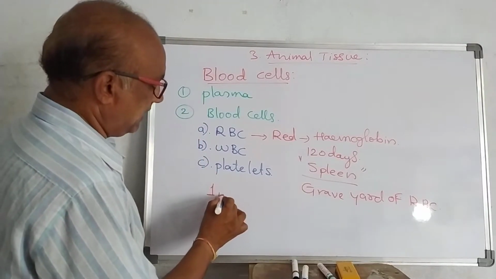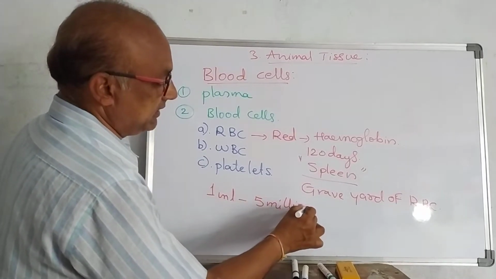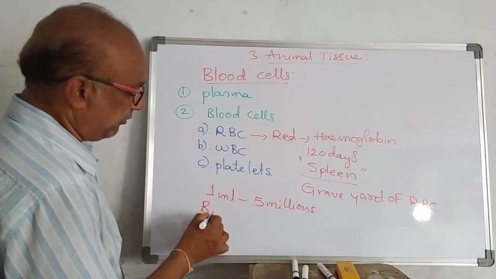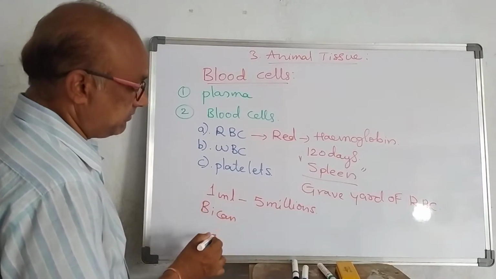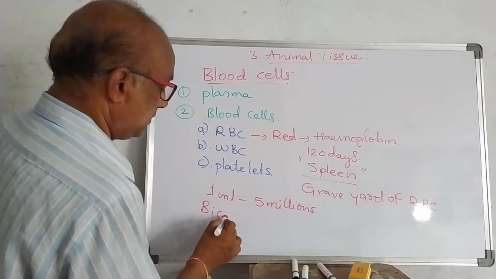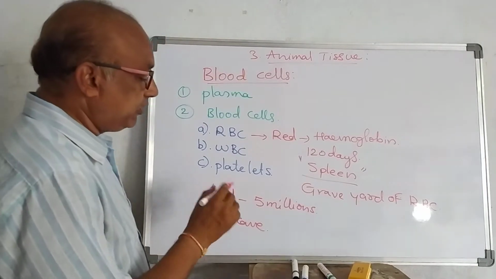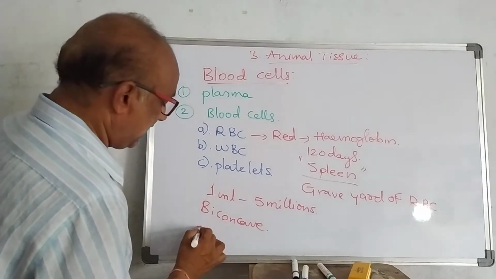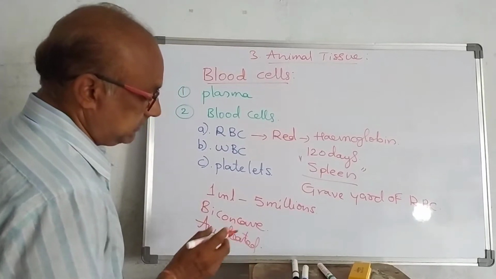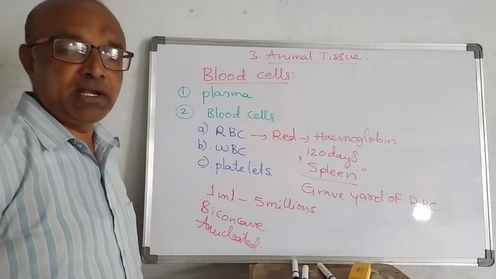For 1 ml of blood there are minimum 5 million RBC present, and these RBC are biconcave in shape, and they do not contain a nucleus, so they are enucleated. The only mammal which contains nucleated RBC is the camel.